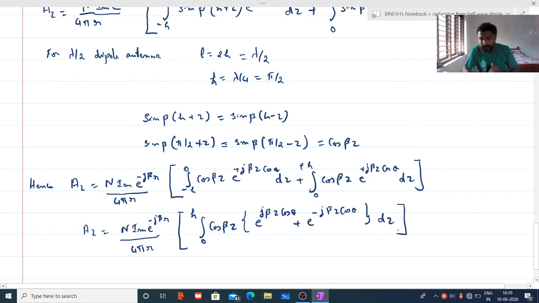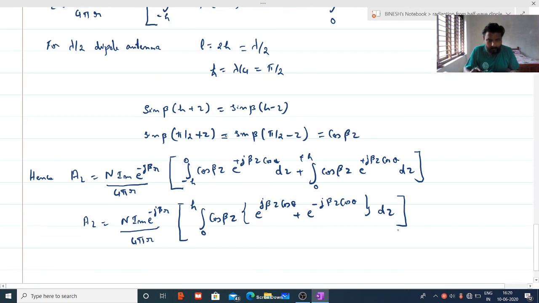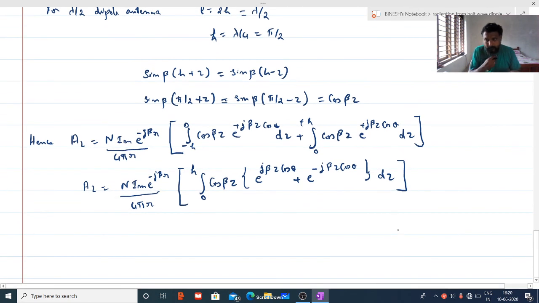Since the integration has been reversed, this term, e raised to j beta z cos theta plus e raised to minus j beta z cos theta, can be written as 2 cos of beta z cos theta.